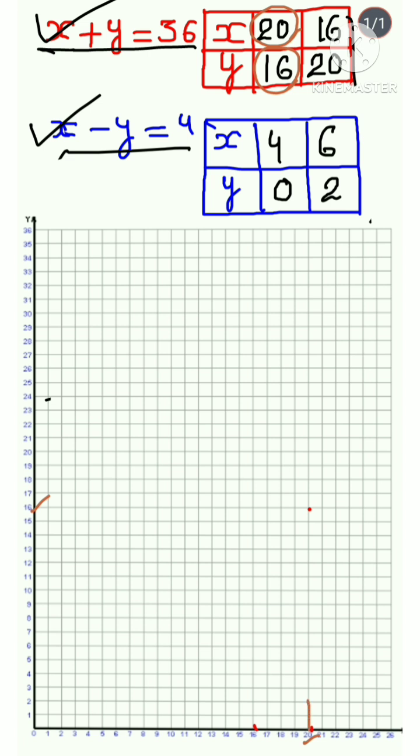So on this point the x coordinate is 20 and the y coordinate is 16.